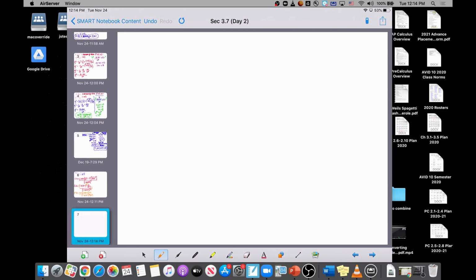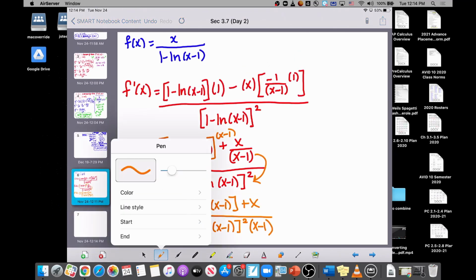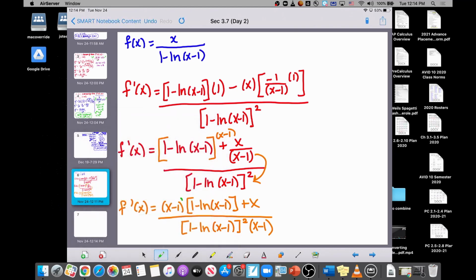Okay, I am going to take this x minus 1 right here, and I'm going to distribute it to the 1, and I'm going to distribute it to the natural log term. So I'm going to get f prime of x is equal to 1 times x minus 1 is x minus 1.